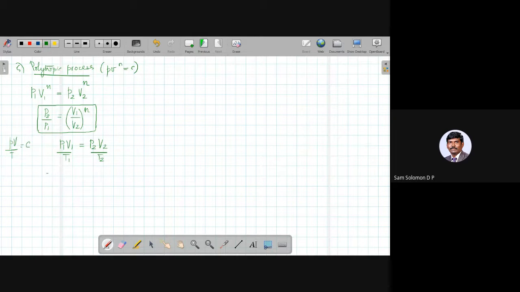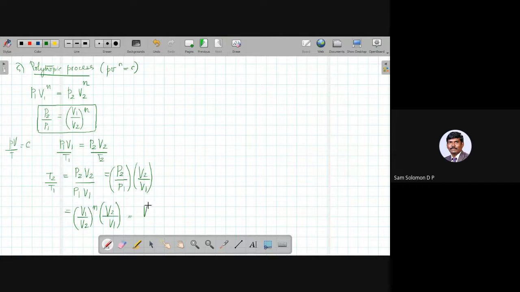And here, if I want to find T2 by T1, what we have on the right hand side is P2 V2 by P1 V1, which is P2 by P1 times V2 by V1. Now you can substitute for this P2 by P1, which is V1 by V2 whole to the power n, multiplied by V2 by V1.